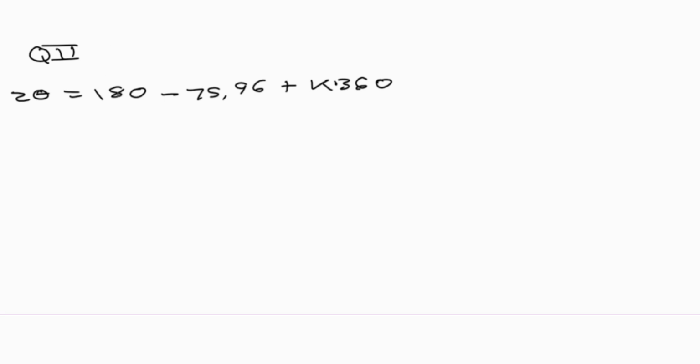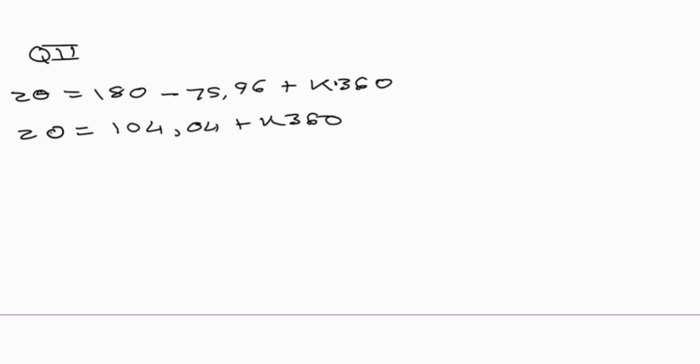Then we're going to just simplify here. I just want to get my calculator real quick. That's 180 minus 75.96, and that is going to give you 104,04 plus K360.